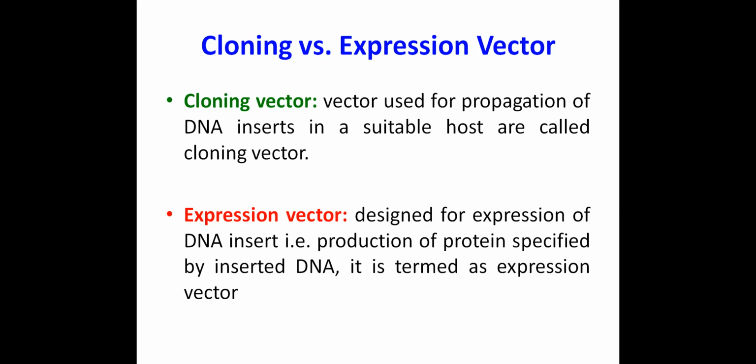This expression vector will carry all the regulatory elements, the promoters and other things that help in the transcription of your inserted hemoglobin gene. These kinds of vectors are known as expression vectors, where you can harvest, purify or isolate your desired recombinant protein.